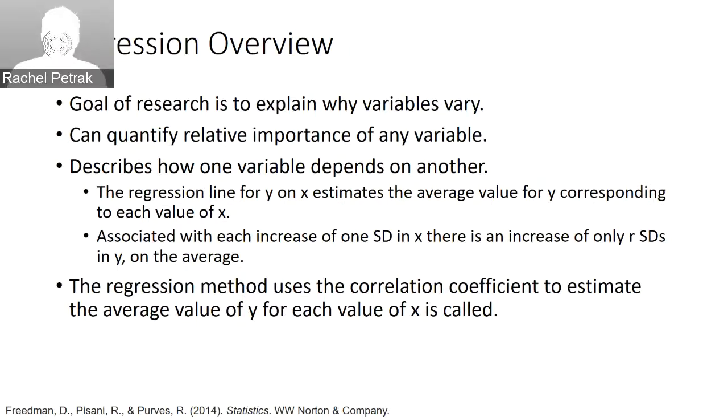And we see associated with each increase of 1 standard deviation in the predictor, there's an increase of only r, our correlation coefficient, of only r standard deviations in y on the average. And we'll unpack that idea a little more later on. Finally, the regression method uses the correlation coefficient to estimate the average value of y for each value of x.